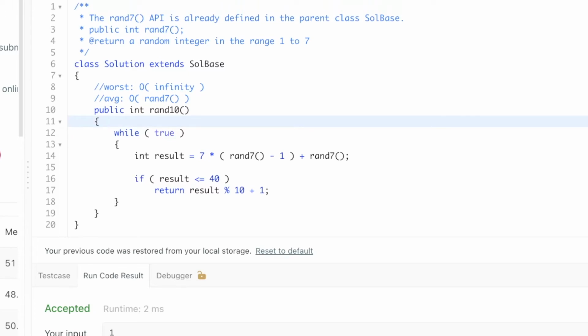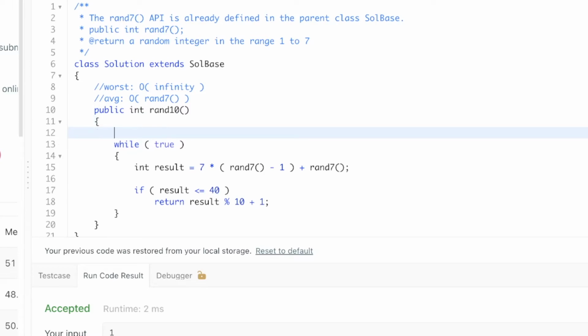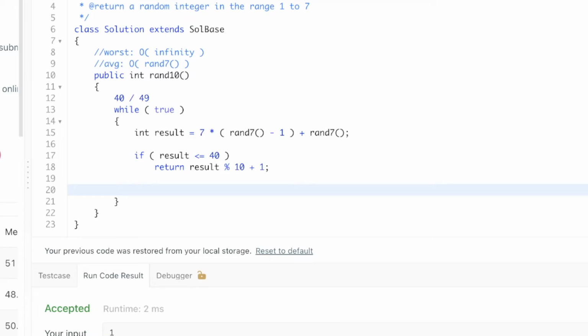And now we can optimize this a little bit. So notice if we have a 40 in 49 chance here, we're not doing anything with these excessive numbers, the 41 to 49. So 41 to 49 are just getting thrown out. But what we can do is, let's say I take that number.